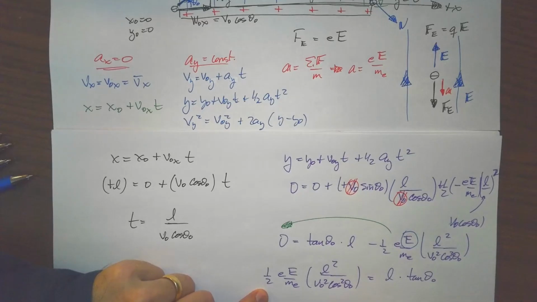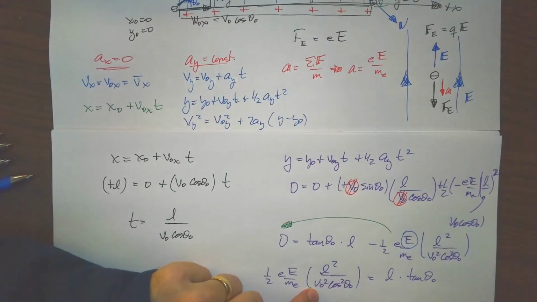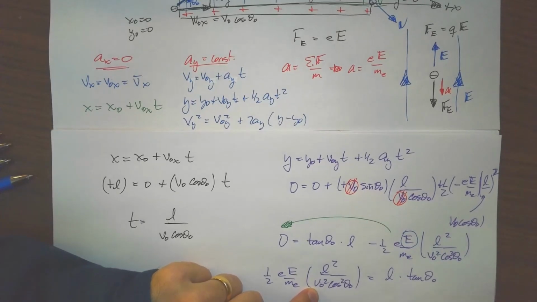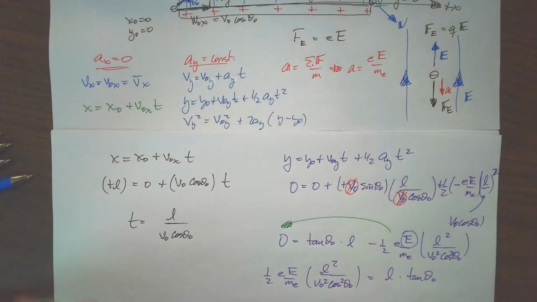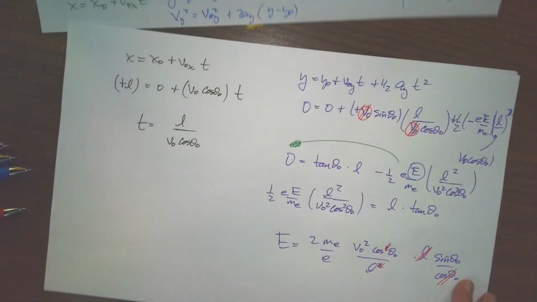So it'll be twice the mass of the electron over the charge of the electron, then V_0 squared cosine squared theta naught over L squared times L times tangent, which I'm going to rewrite as sine over cosine. So I can reduce: this L squared will reduce with this L, and this cosine squared will reduce with that cosine.